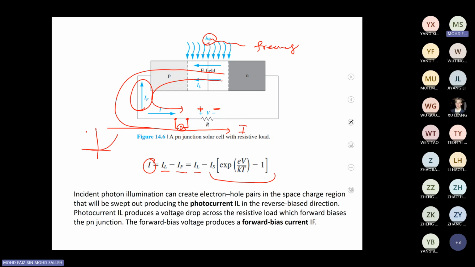So if IL is the maximum current, it starts over here and will be reduced by this one. That's why we have the IV characteristic we just discussed in the initial slide. We have this ISC, VOC, and the maximum power point, and this is the shape of this equation.